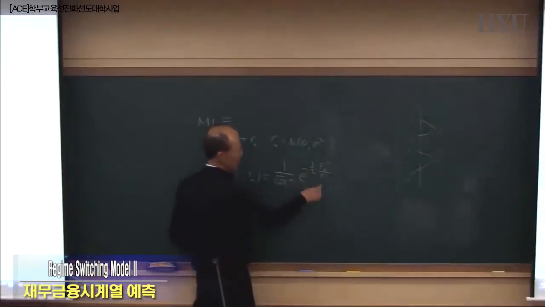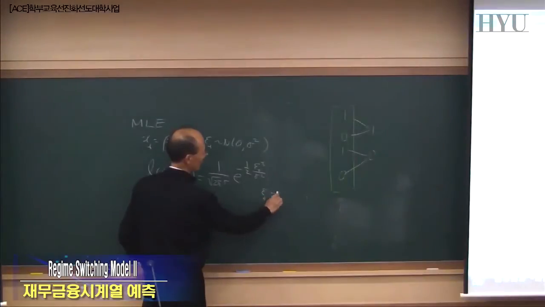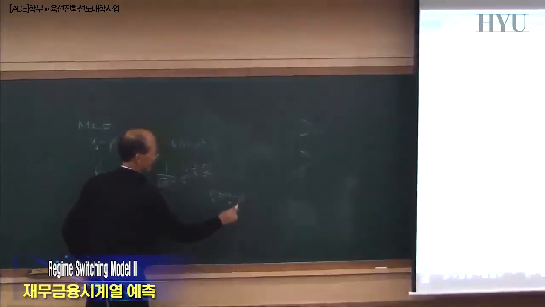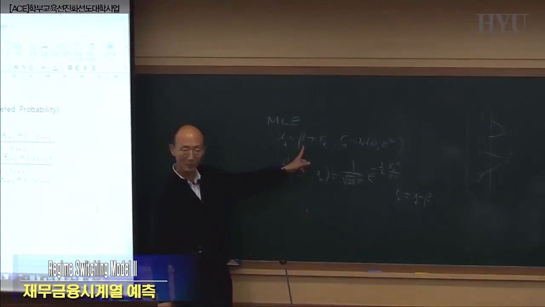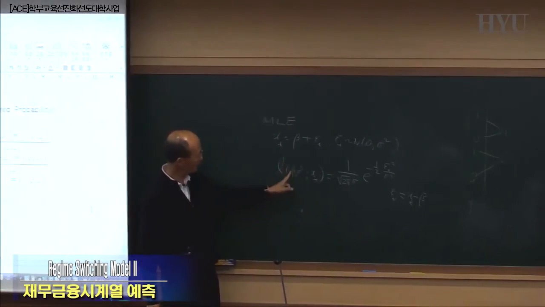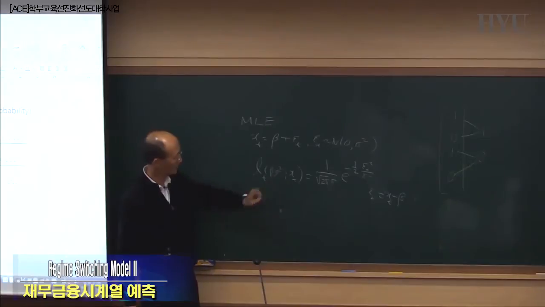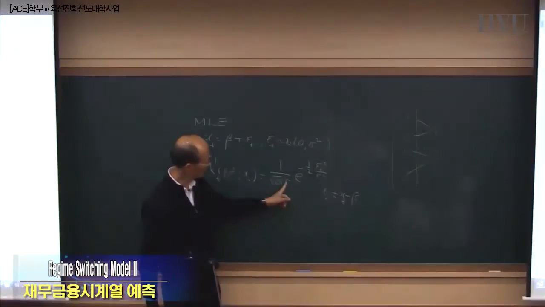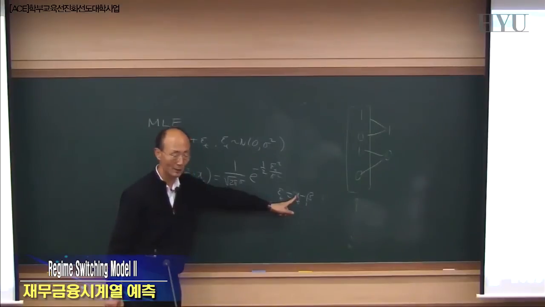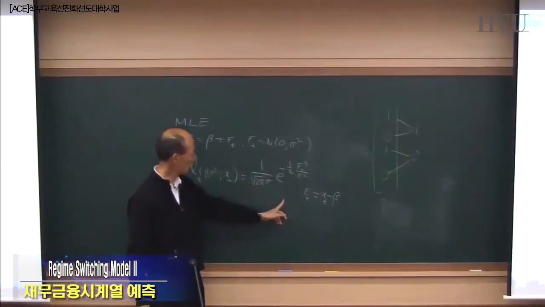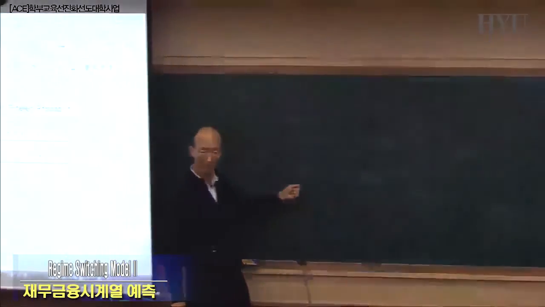What is epsilon? Of course, epsilon t is xt minus beta, right? So given this guess, these are known. This is theta. The functional form is known, so you can calculate the likelihood value.